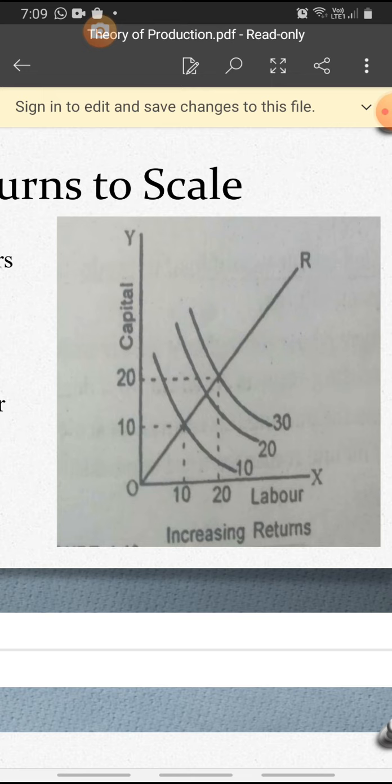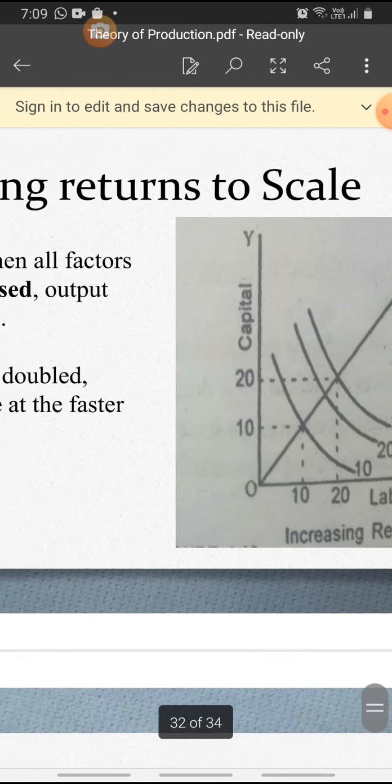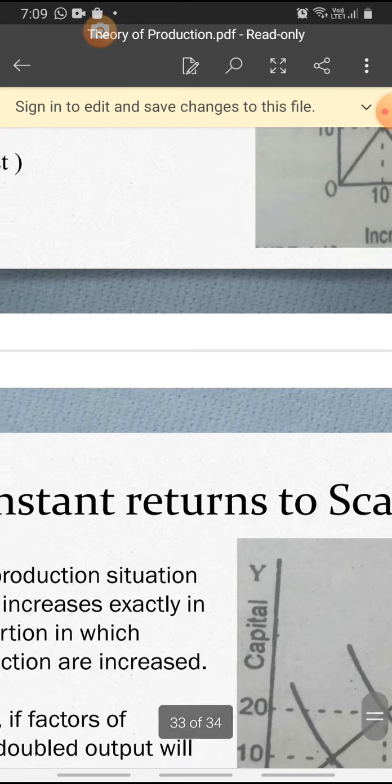In the third isoquant, for producing 30 units of output or 10 units of output, it used fewer units of inputs. So this is the diagram for increasing returns to scale.